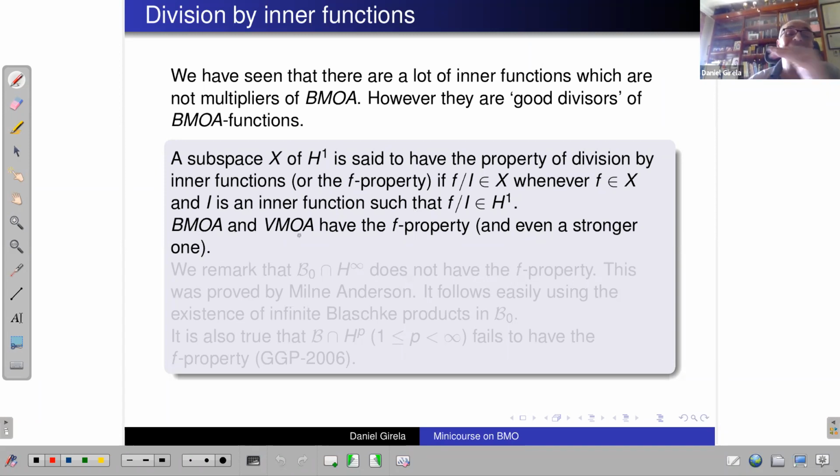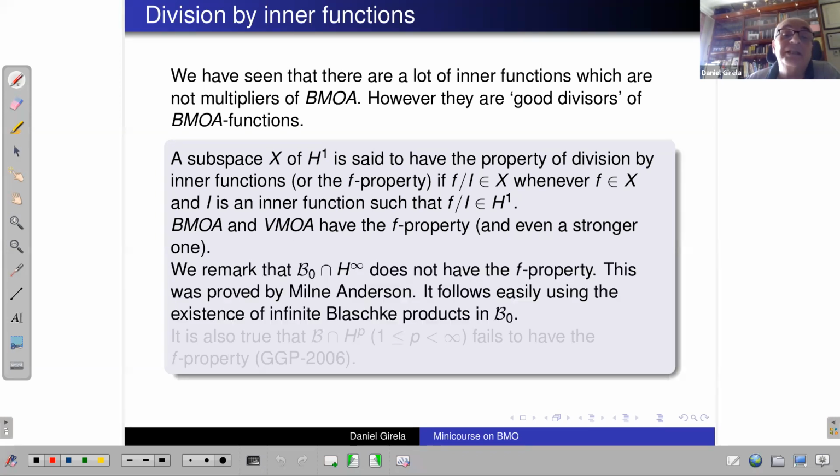However, since I said that there is a close relation between BMO and the Bloch space, and VMO and the little Bloch space, I should emphasize what happens with the Bloch space. I said before that Sarason proved that there are infinite Blaschke products in B naught. Using that, it's relatively easy to prove that B naught is not a subspace of H1, unlike VMO.